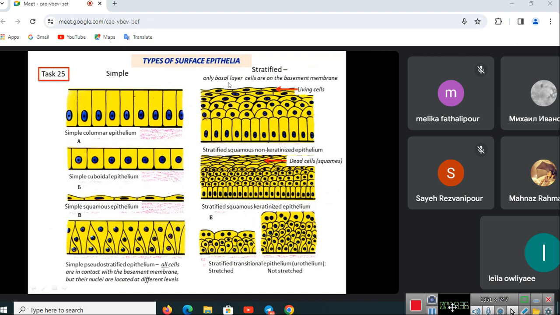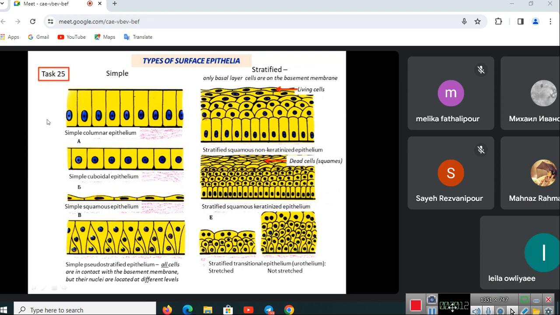In stratified epithelia, only basal layer of cells lies upon basement membrane. So these cells of basal layer have contact with basement membrane, and superficial layers have the contacts not with basement membrane but with underlying layers of cells. So these cells in this epithelium have junctions only between the adjacent cells.